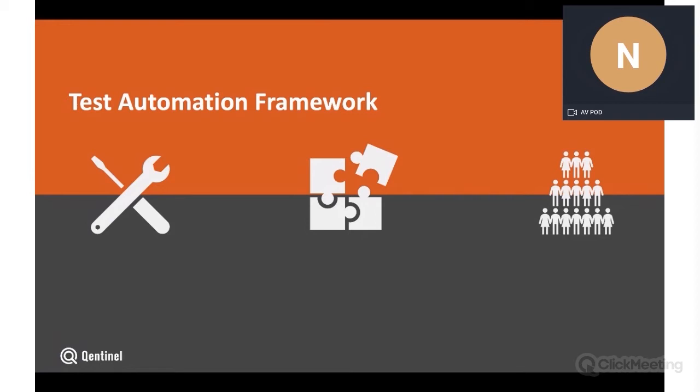And the third thing is the adoption of the test automation framework. You don't want to end up in a situation where you have 3 teams and all of the 3 teams are writing test cases or doing test automation using different frameworks, because the adoption rate is low. That is determined by how easy it is to use that framework, and secondly, how much it can do for you.